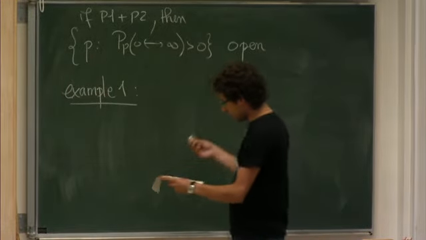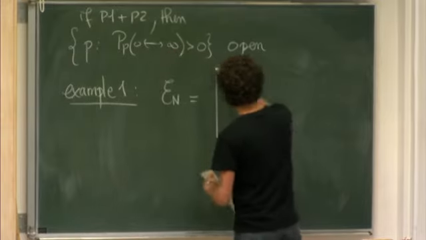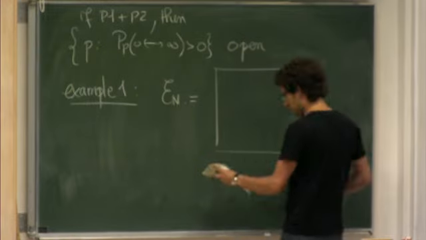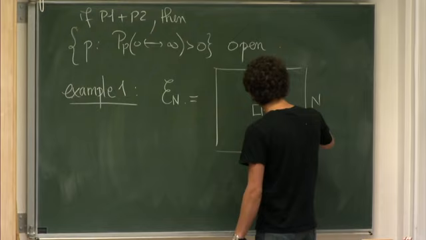If I give you, for instance, that the event En is the following. You take a box of size n, take a box of size n over 4 in the middle.